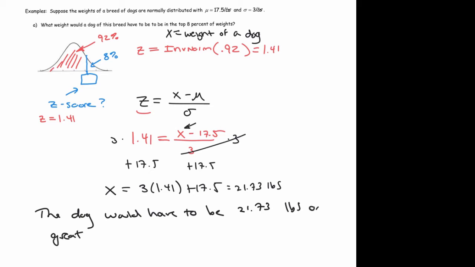Because as soon as you're at 21.73 pounds, you're right on the line, and anything greater, you are in the top 8%. 21.73 pounds or greater, or heavier.